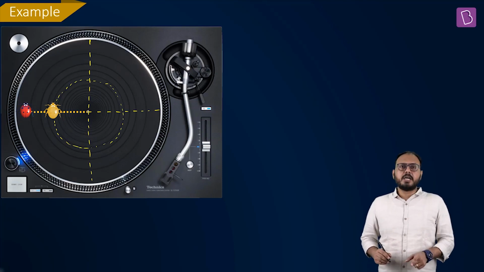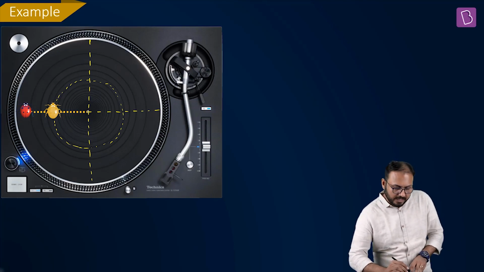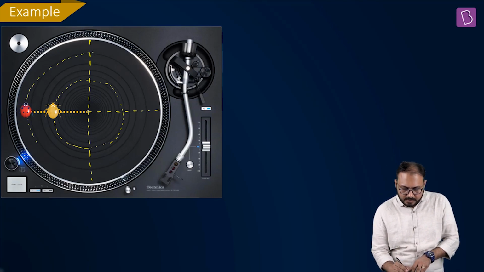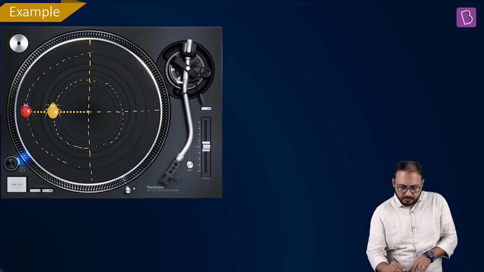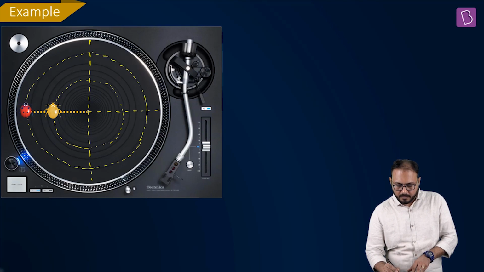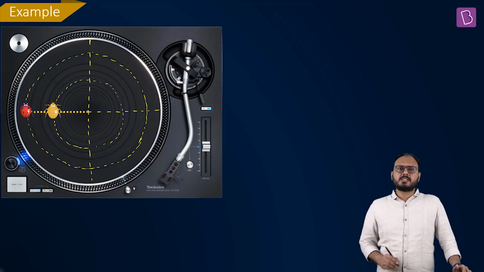This is the circle of the yellow bug. Can you draw the circle of the red bug? Of course I can draw. This is the circle of the red bug.